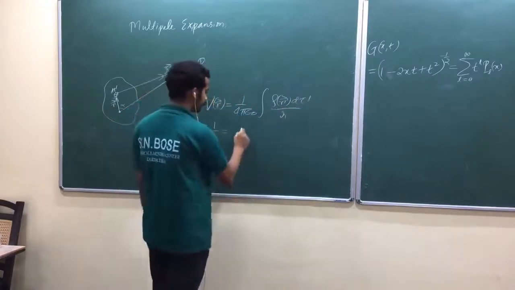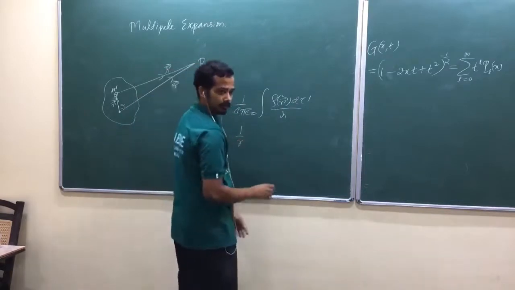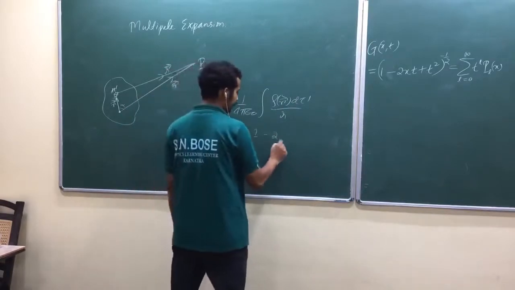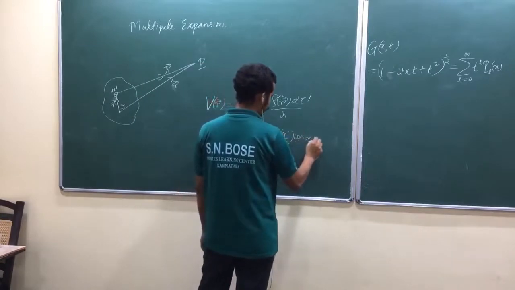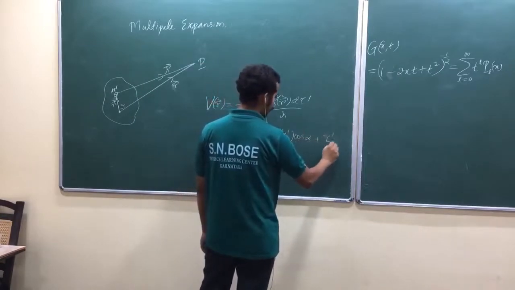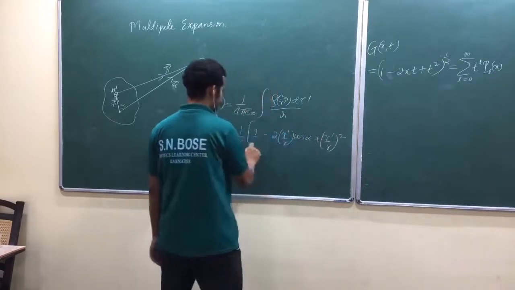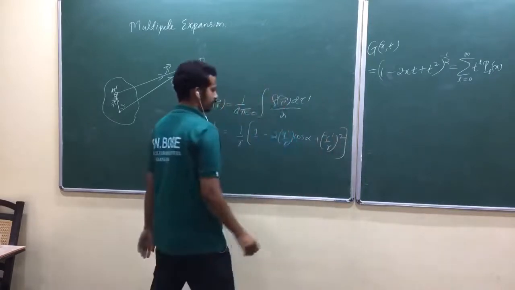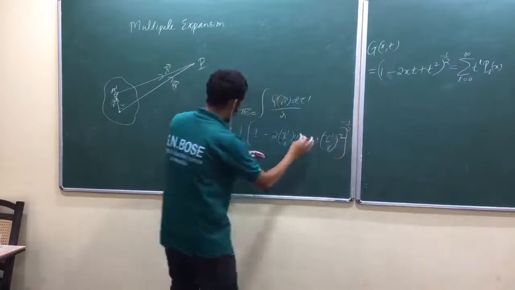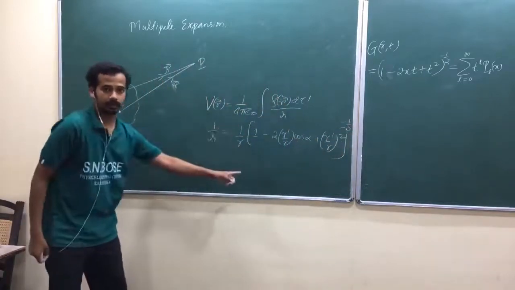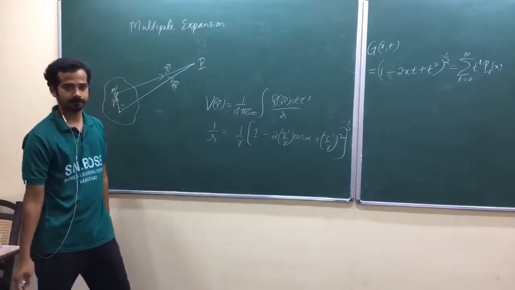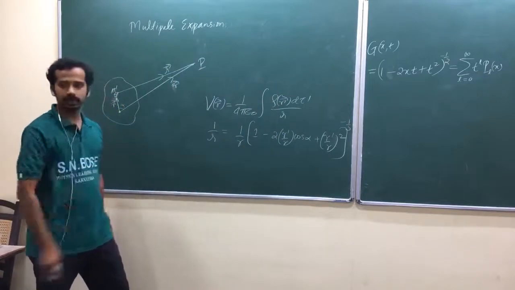Under root of that one. 1 by R into 1 minus 2 R prime by R cos alpha plus R prime by R the whole square. Check it out. Raised to minus 1 by 2. It was there under root in the denominator. Just check it out. Can I write italic R like this?